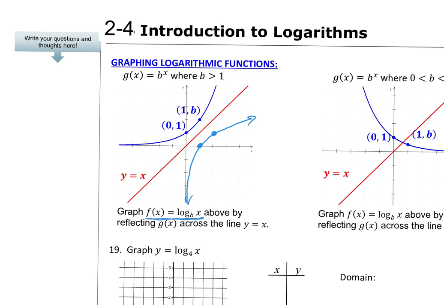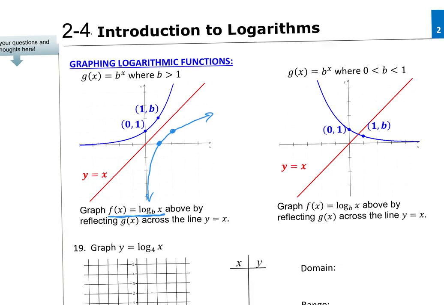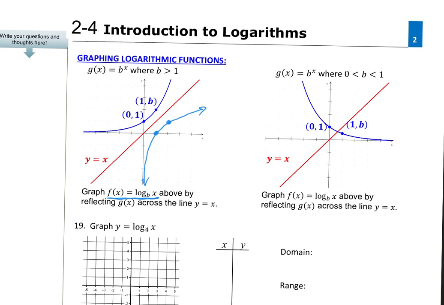The same thing is true if it's decaying. See, this is where b is greater than 1, and this is where b is less than 1 but greater than 0, so some fraction. We get this decay. Well, the logarithmic function, again, is just going to be a reflection of this. It's going to look a little weird, though. I'll do this one in black. If I reflect this point, it's going to go right there. But if I reflect this point, it's going to go right there, wherever b is.